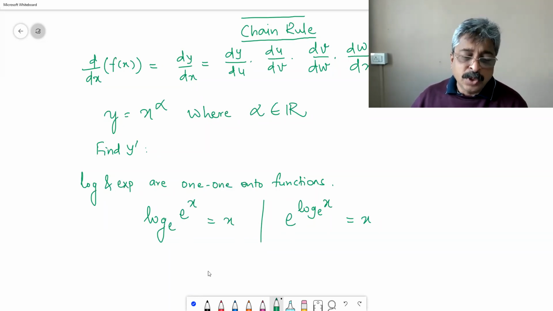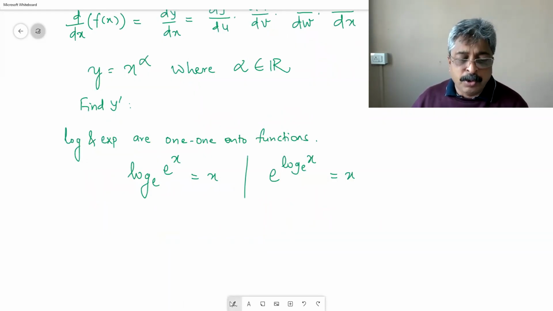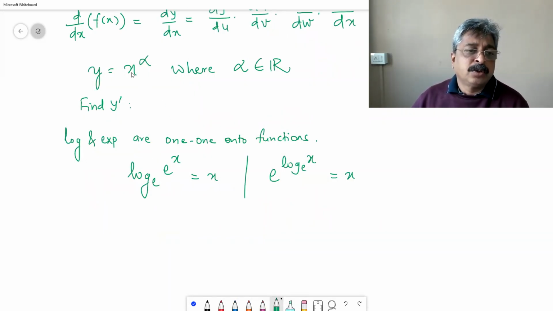So this is good. Therefore we exploit this property of logarithm and exponential to evaluate the derivative of x raised to alpha. So y is equal to x raised to alpha.